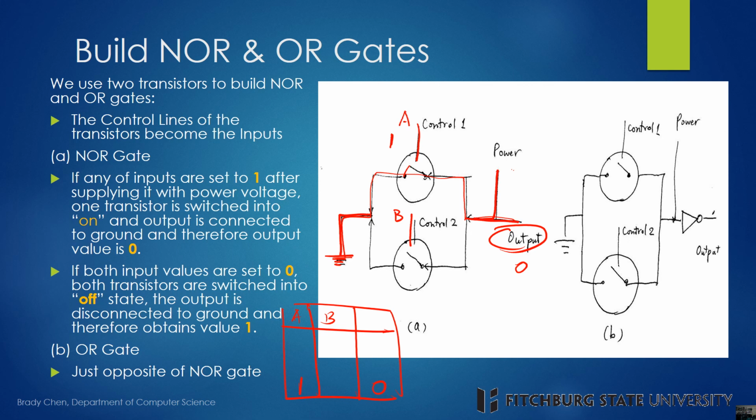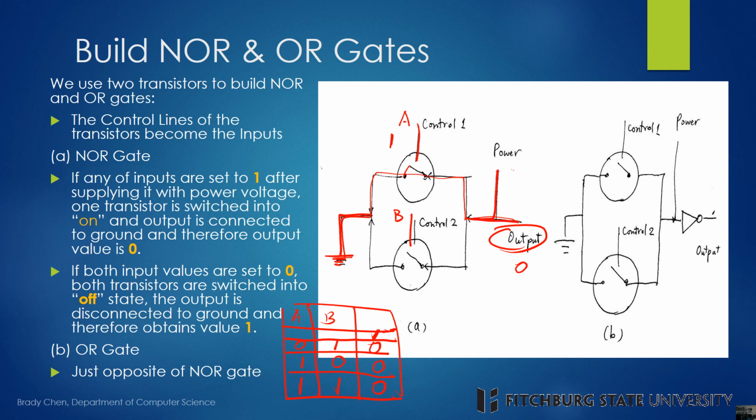So if B is 1, the output is 0. If B is 0, the output is also 0, right? Or if we set control line B to 1, and even A is 0, the result is 0. The only case that the output becomes 1 is that both control 1 and control 2 are 0.